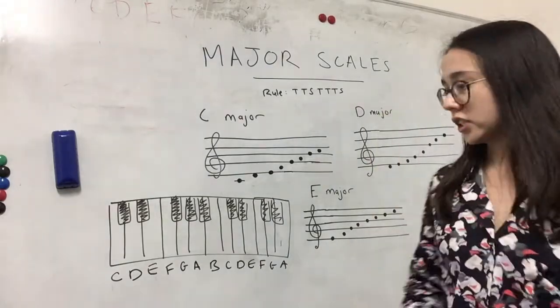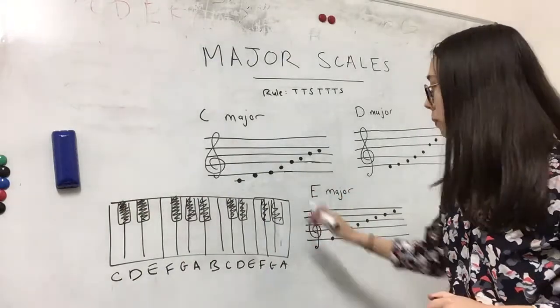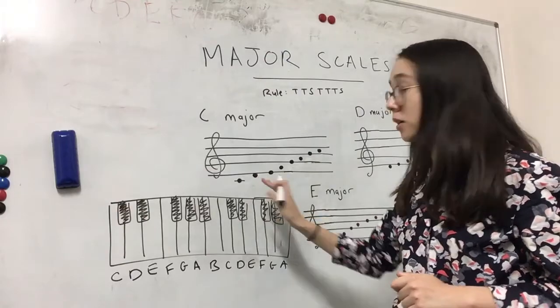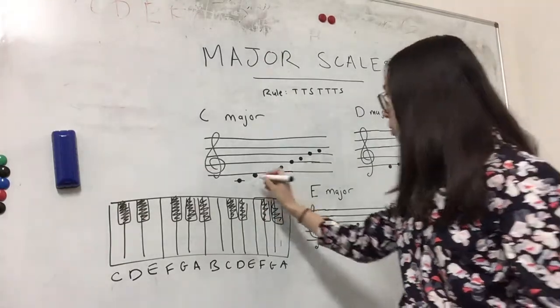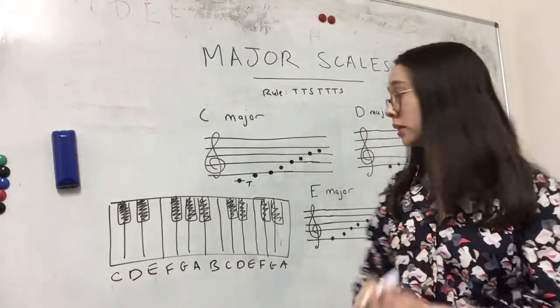Let's get out a pen and write down the tones and semitones. The first thing we write down is a tone. C and D, we already figured out, it's a tone, and it follows the rule, so we don't have to add any sharps or flats to it.